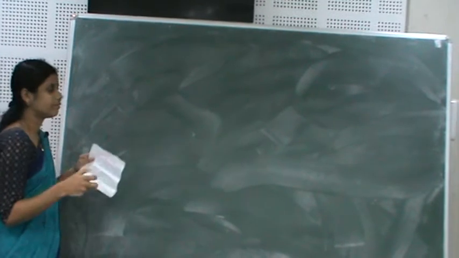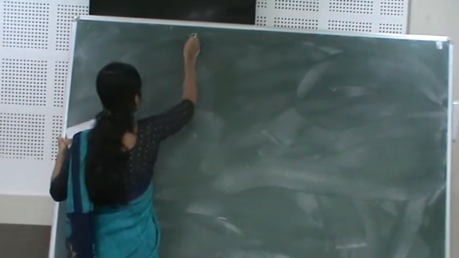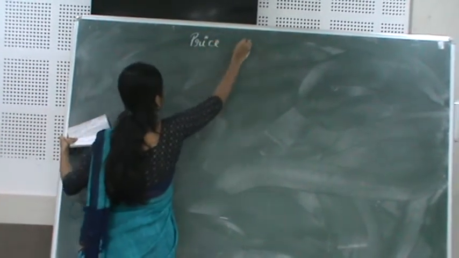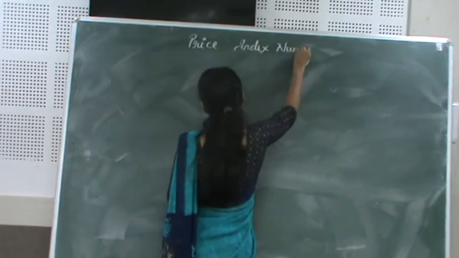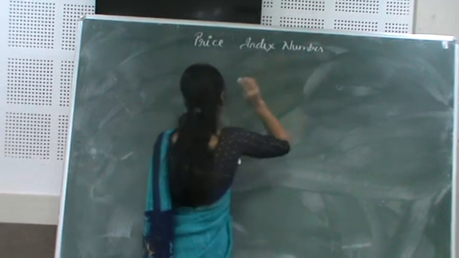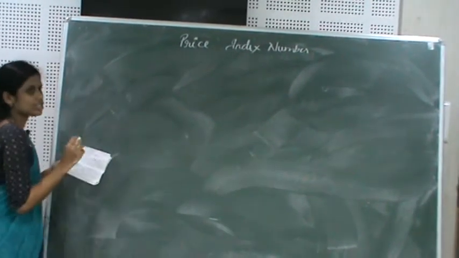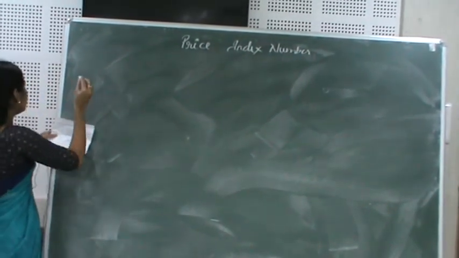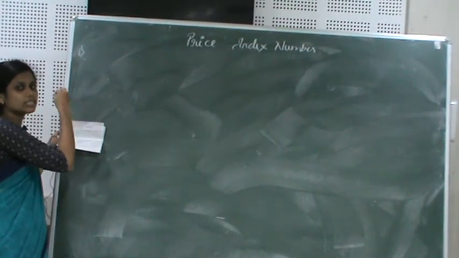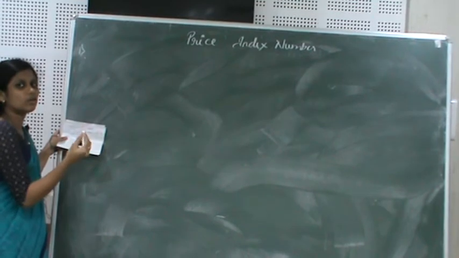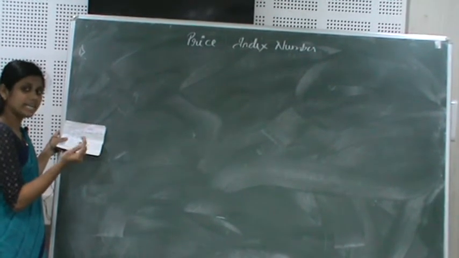We will study them one by one, starting with the construction of price index number. There are mainly two methods that we have discussed just now: unweighted or simple index number, and weighted index number.